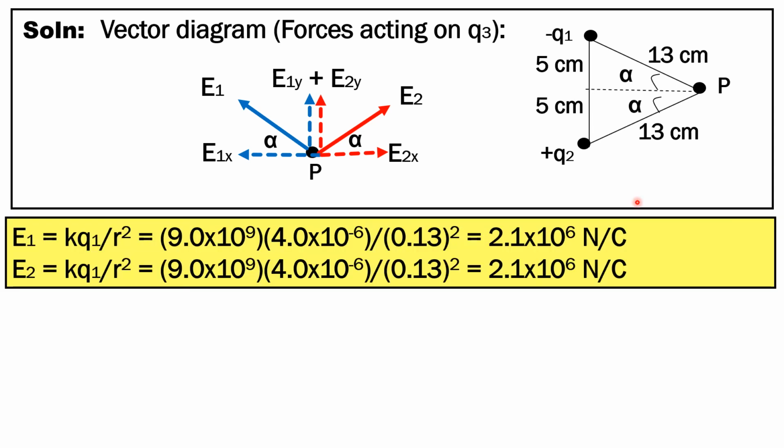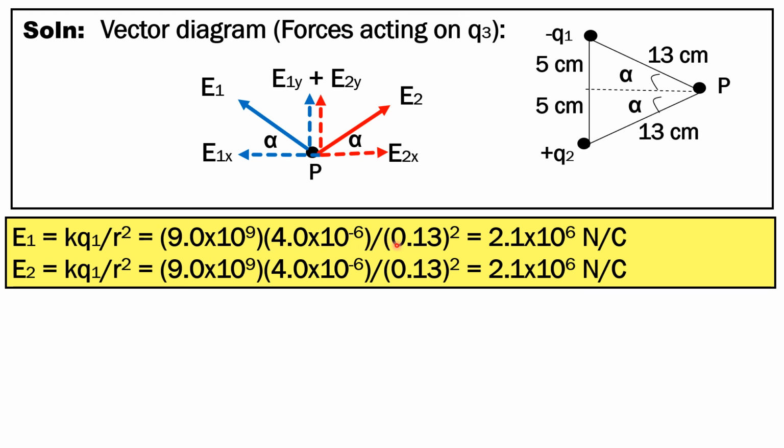Okay, we start with E1. We first determine exactly the value of E1 using our formula kq1 over r squared. So substituting the value for k and the value for q1, disregarding the sign, this is just the absolute value.